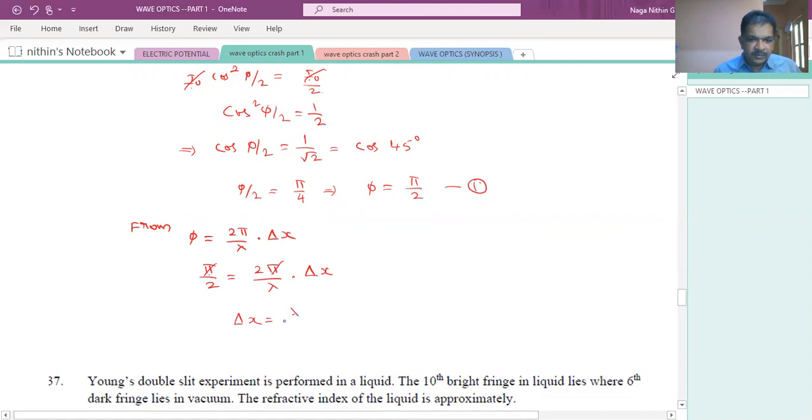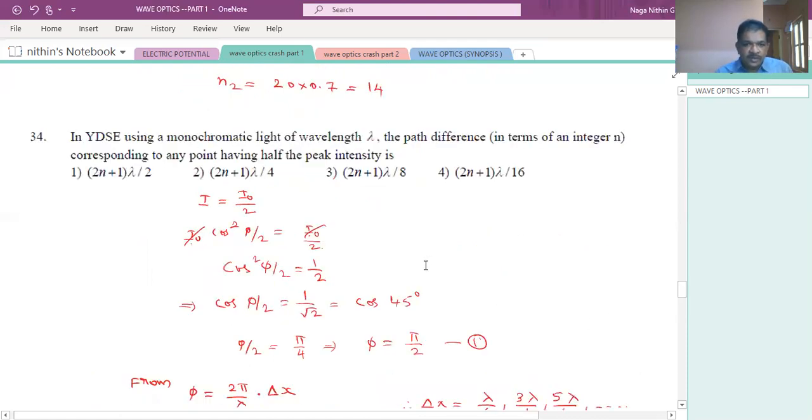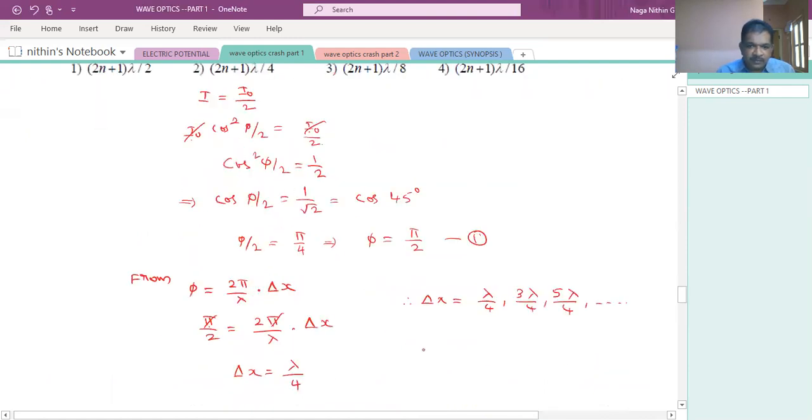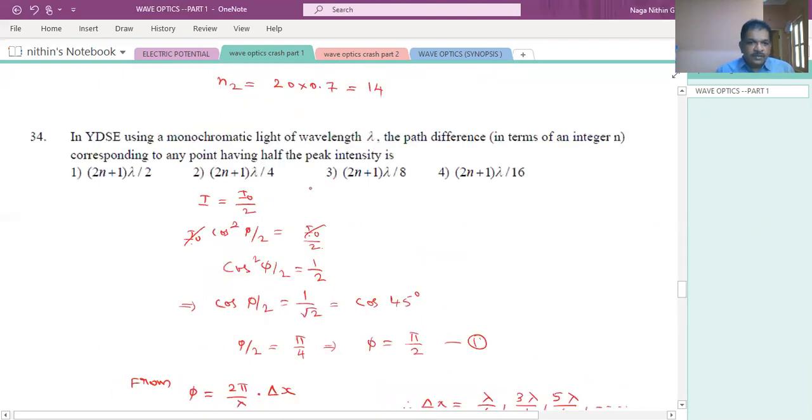Delta x is equal to lambda by 4. Next, how much will come? Three lambda by 4 will come. Next, how much will come? 5 lambda by 4. So 2n plus 1 into lambda by 4. Okay, so this is the answer for it.